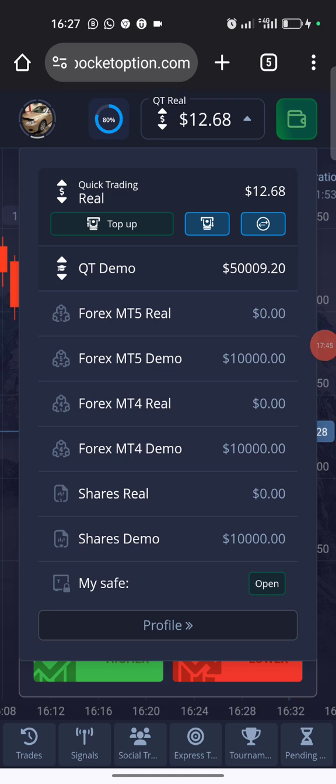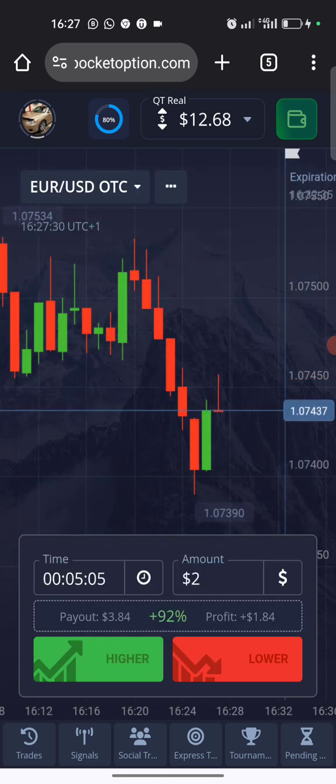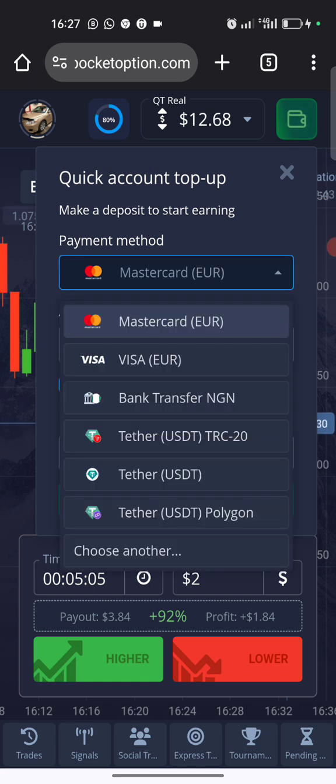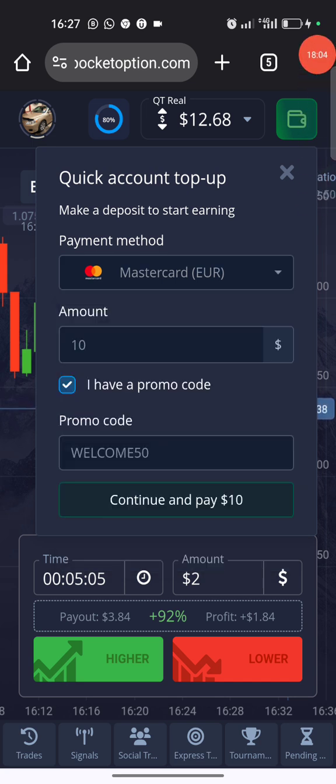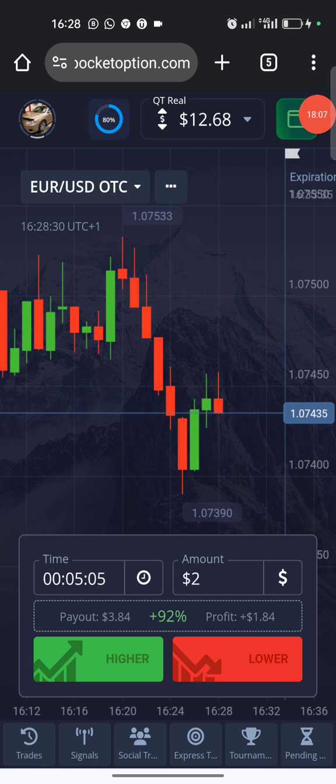So let's move down to another set. Like I said, this is where you make your deposits. Just click on it and make your deposits, and you can also use the same method to make your withdrawal. All right, so how do you make your withdrawal? It's very simple.